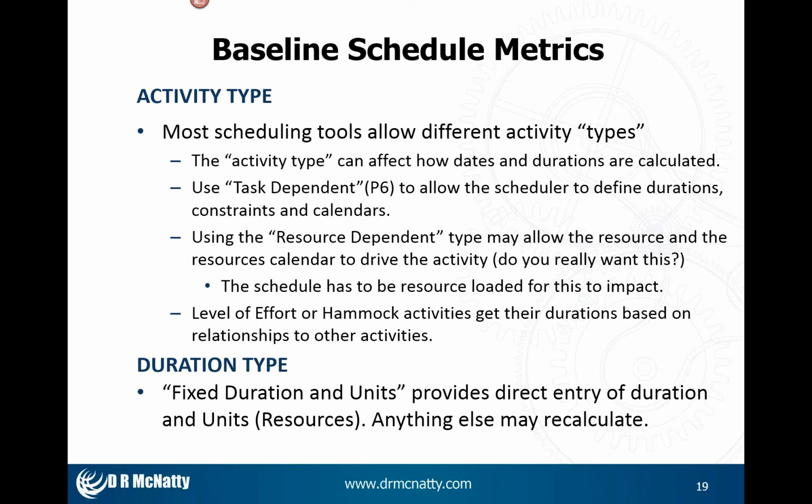And I don't always like it when the scheduling tool does something for me, especially if it hasn't told me what it just did that changed what I just entered. So to keep things simple, I like to go with task-dependent activities with fixed duration and units.